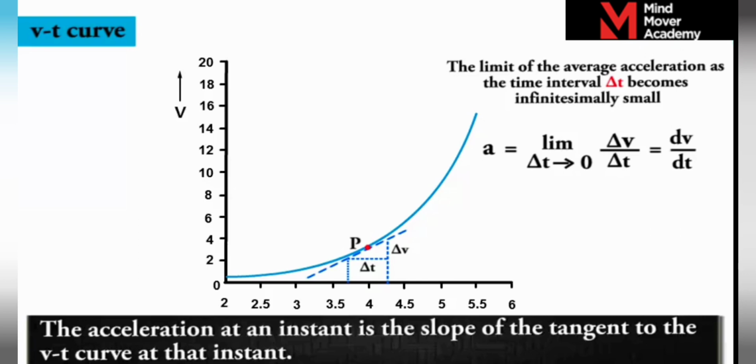The acceleration at an instant is the slope of the tangent to the v-t curve at that instant.